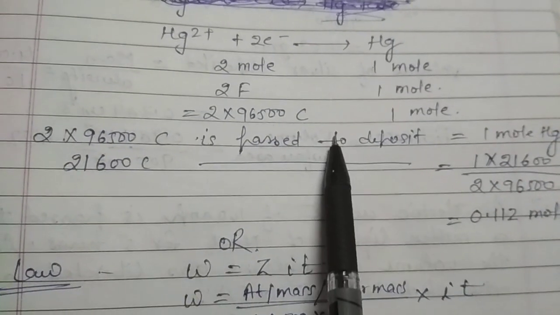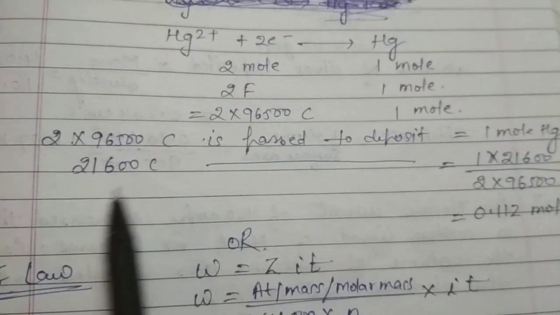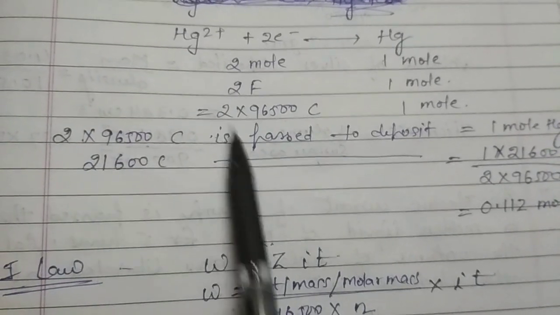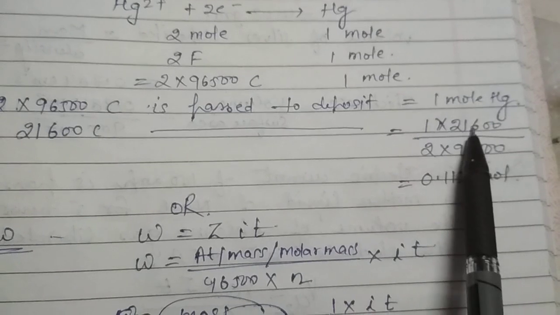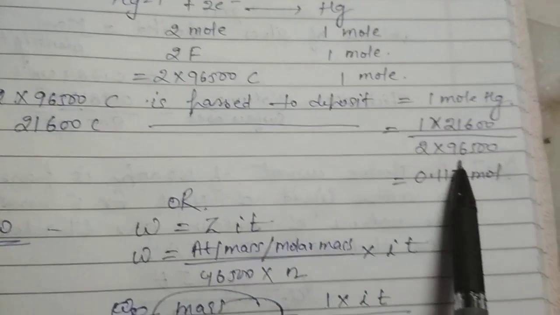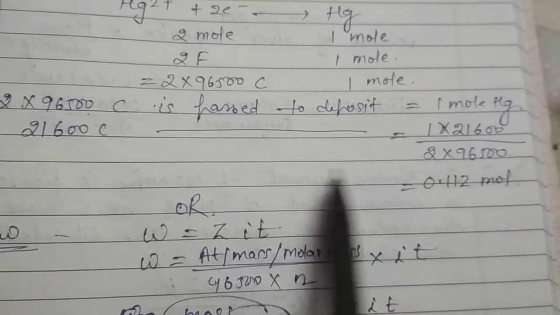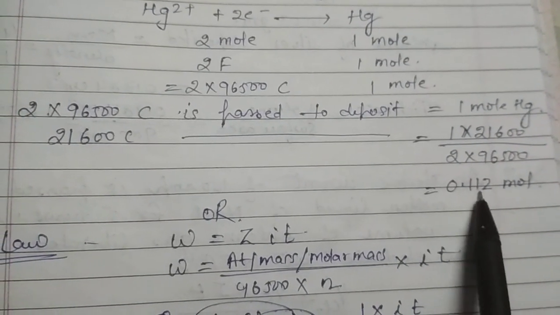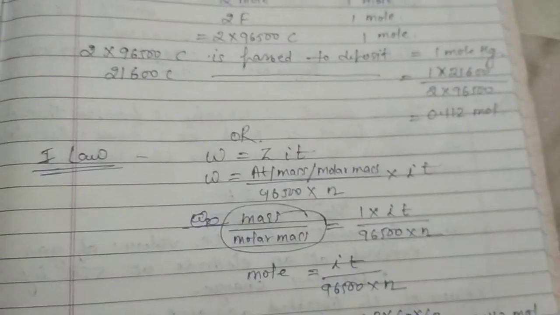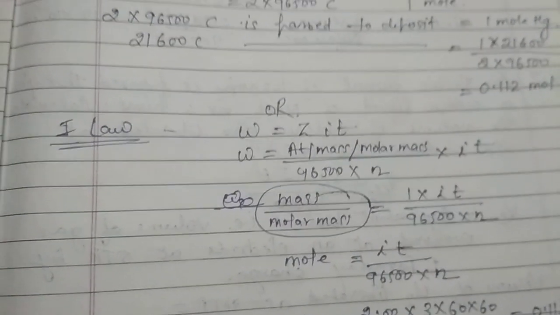So this much charge is passed to deposit 1 mole of Hg, and 21,600 Coulomb would deposit 21,600 upon 2 into 96,500 moles. So you'd be getting the number of moles like this. By comparing the charges, you can calculate the number of moles deposited.